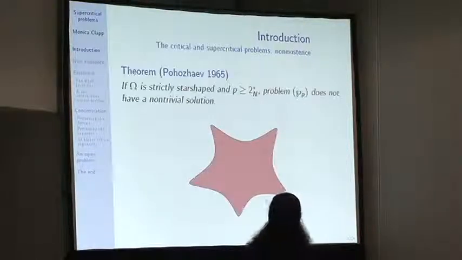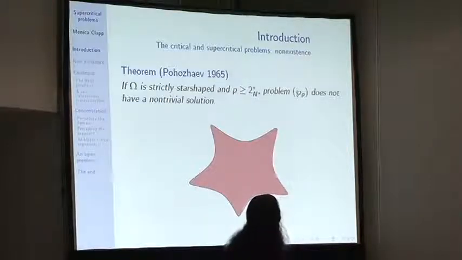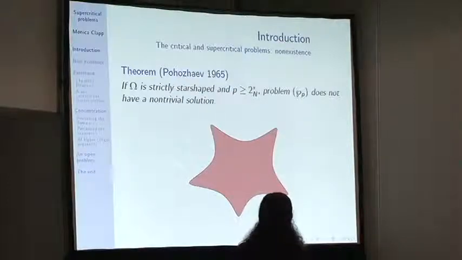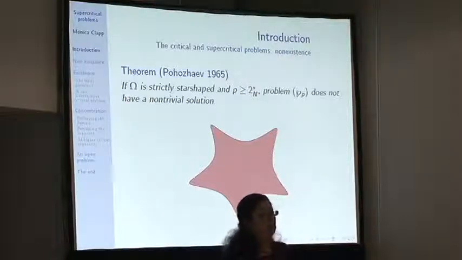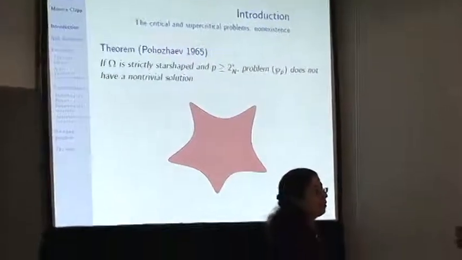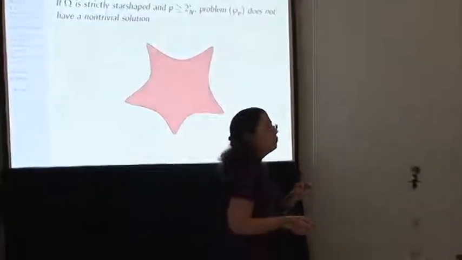The first result follows from an identity proved by Pohozaev, and it says that if the domain is strictly star-shaped, then for every p larger than or equal to the critical exponent, the problem does not have a non-trivial solution. So a star-shaped domain means a domain where you can find a point in the interior from which you can see all the points in the boundary.